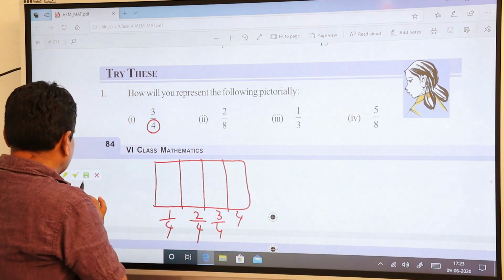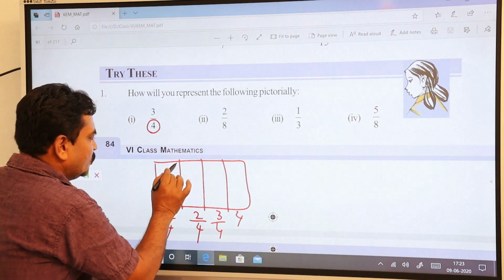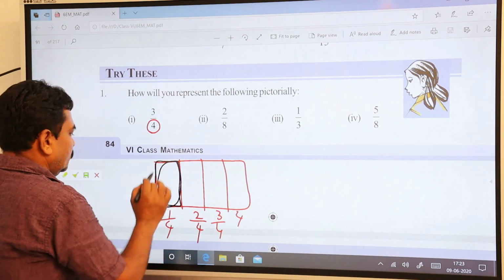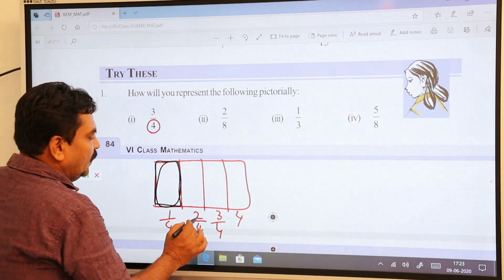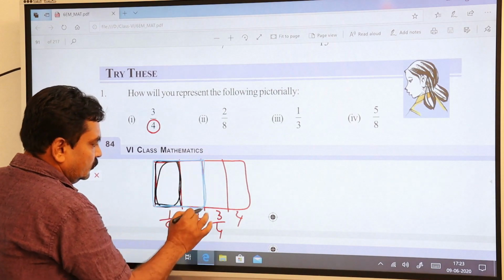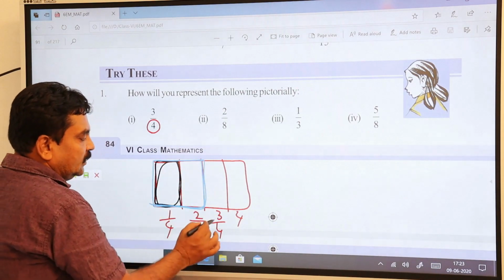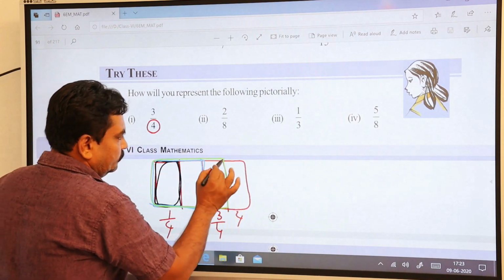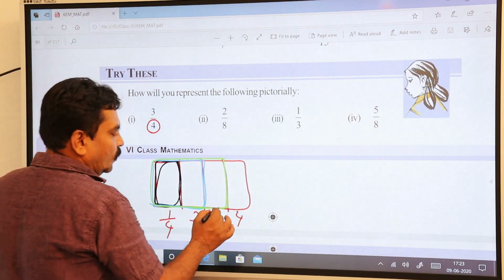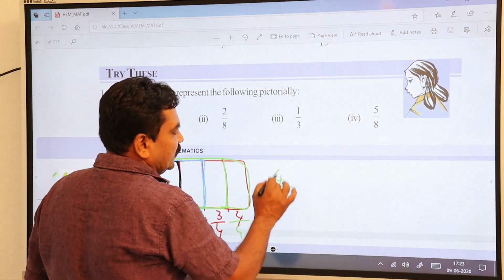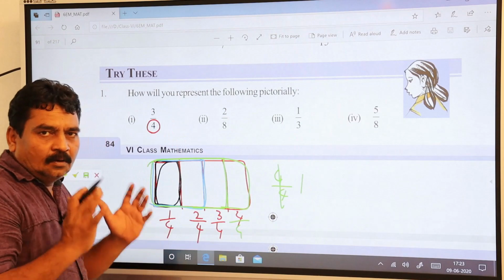I'll change the color. 1 by 4 means only this. 2 by 4 means this. 3 by 4 means this. 4 by 4 means complete. So 4 by 4 is nothing but 1 whole.